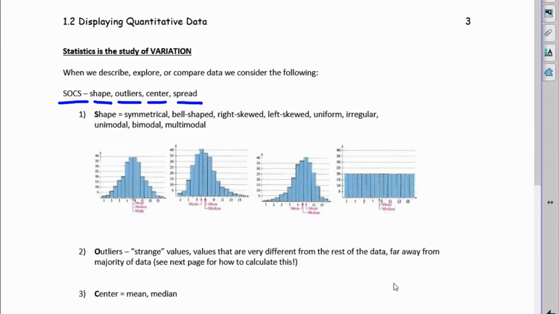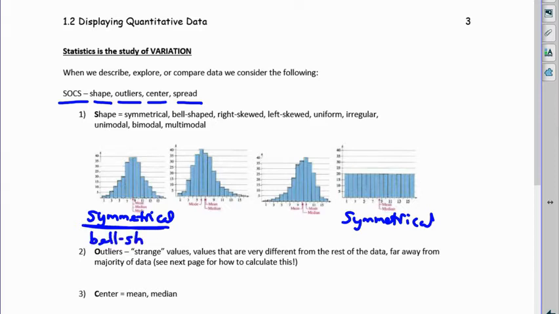First of all, this first shape is symmetrical, but this one is also symmetrical as well. But a lot of times when people say symmetrical, they're talking about this shape right here. But this one is symmetrical bell-shaped, really. You just say bell-shaped.